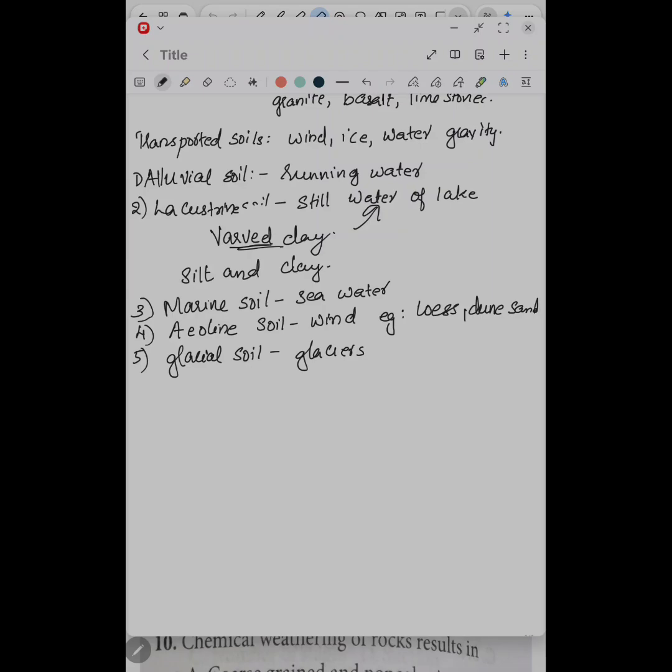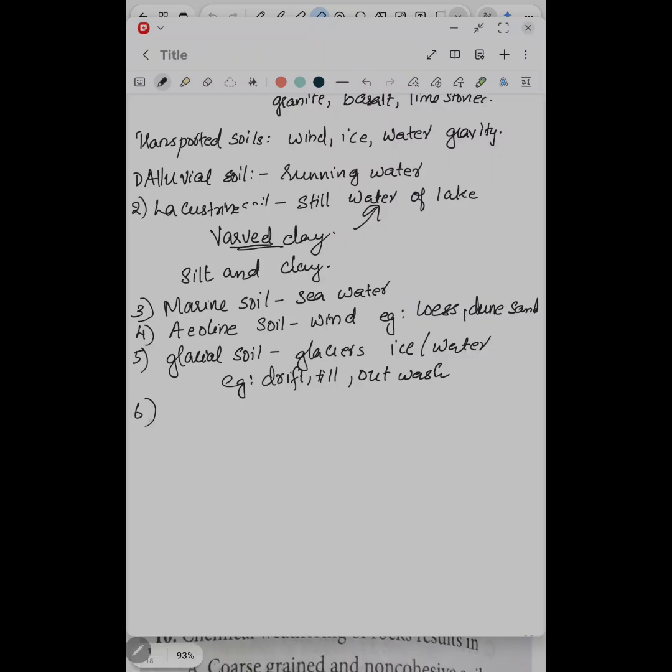So glacial soils are the soils deposited by glaciers, either by ice or water issuing from melting of glaciers. So examples for glacial soil are drift, till, and one more is outwash. Okay, these are the examples for glacial soils.